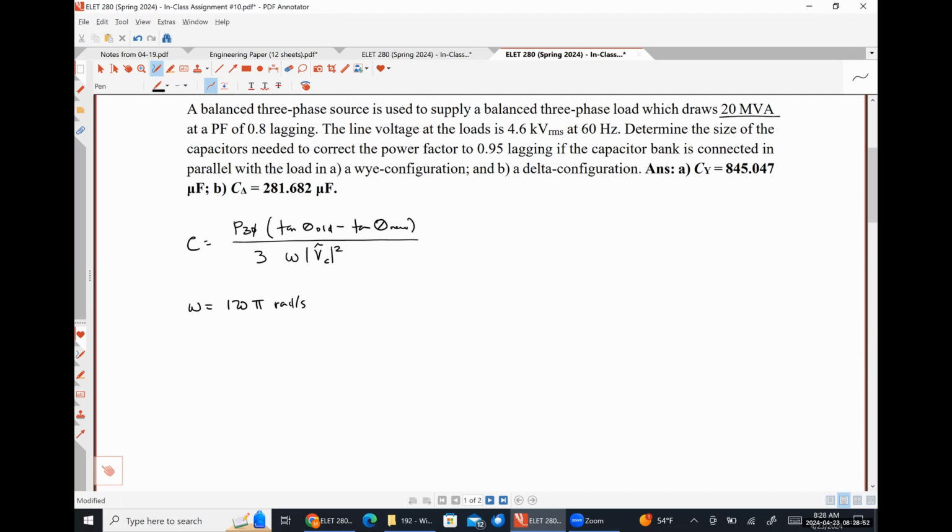Yeah, so this 20 MVA right here is the apparent power drawn by our load, which is the same thing as the apparent power drawn by our source, since nowhere was it mentioned that we have any particular transmission line impedance, right? So I would argue that S 3-phase old is 20 megavolt amperes with an angle of the inverse cosine of 0.8.